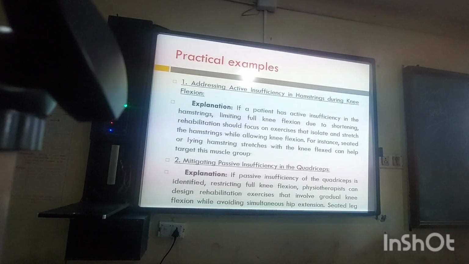If a patient has active insufficiency in hamstring, limiting full knee flexion due to shortening, rehabilitation should focus on exercises that isolate and stretch the hamstring, which allow knee flexion. For instance, sitting or lying hamstring stretches with the knee flexed can help to target this muscle group.